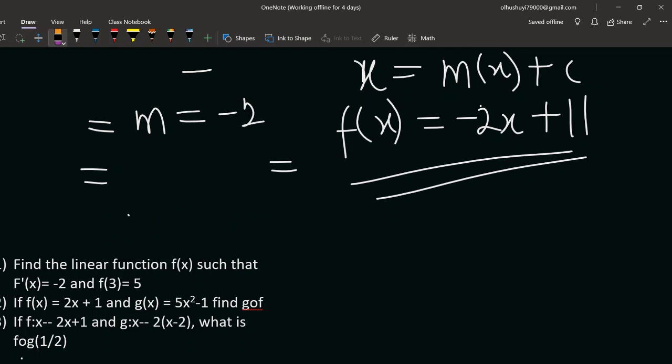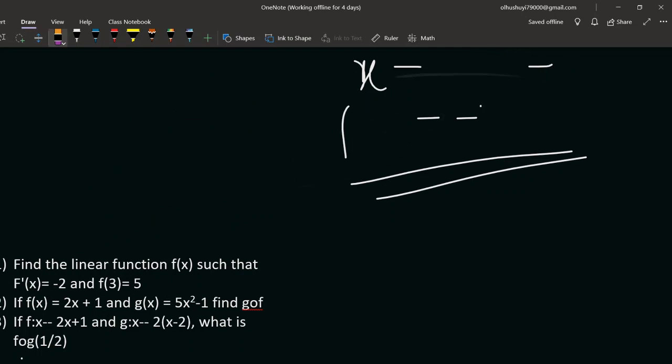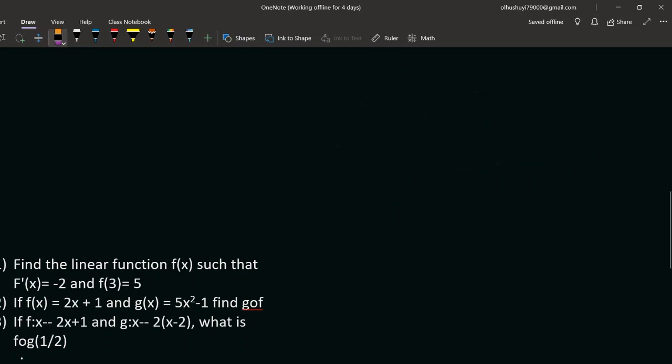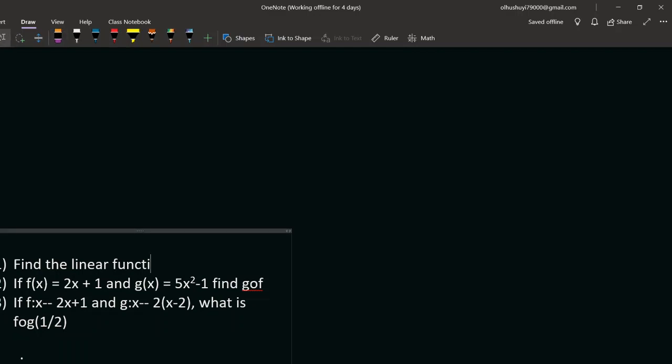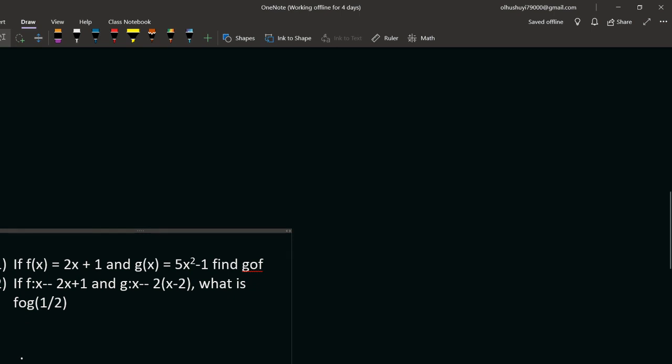Yes, so I think we are now into the next question. Let me also delete, just like I've always done, to have enough space. So good.